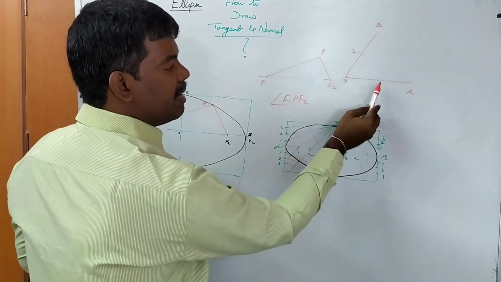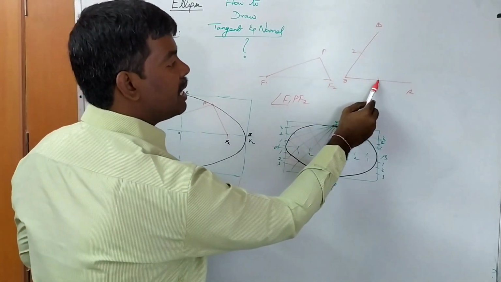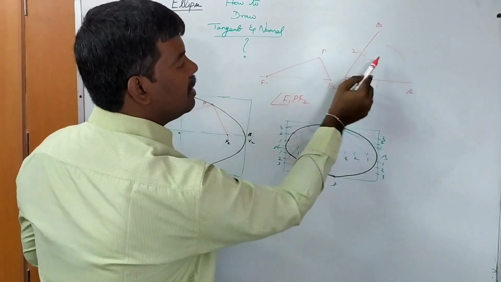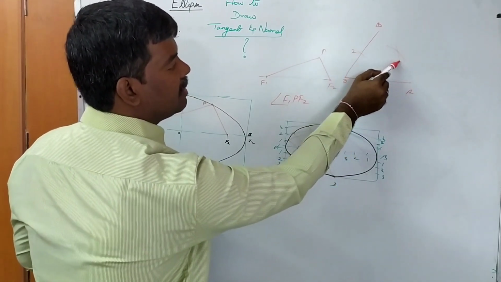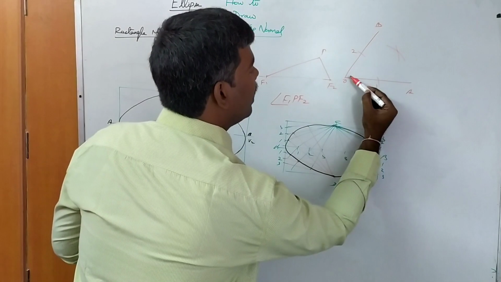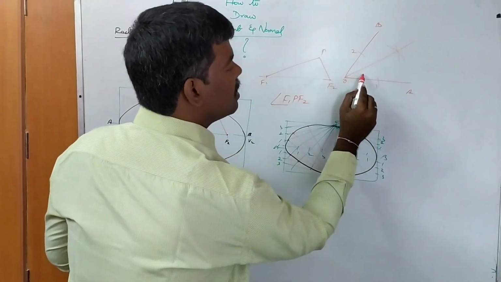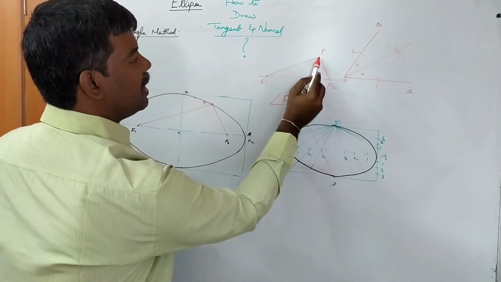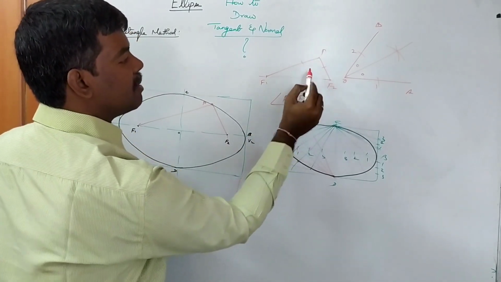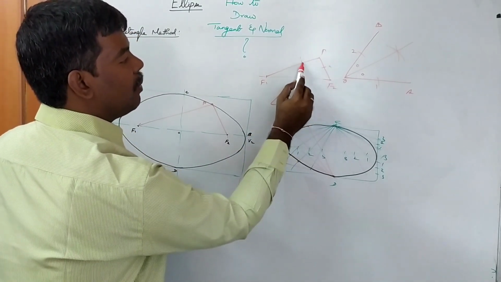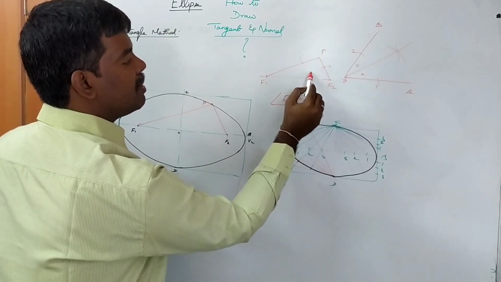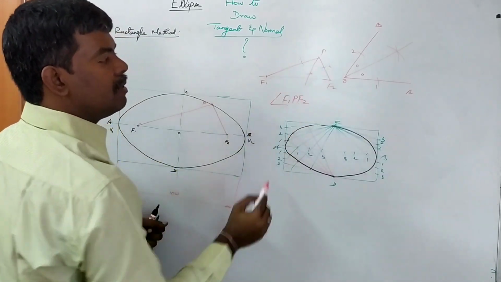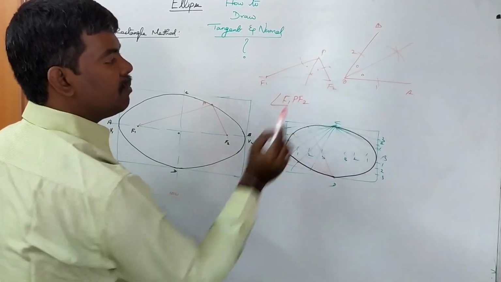Next, with the same or some other radius, 1 as the center draw one arc, and with the same radius 2 as the center, intersect that arc. Join that intersection point. This is theta by 2, theta by 2. Same procedure from P: take some radius x, get points 1 and 2, then 1 as the center and 2 as the center with the same radius.